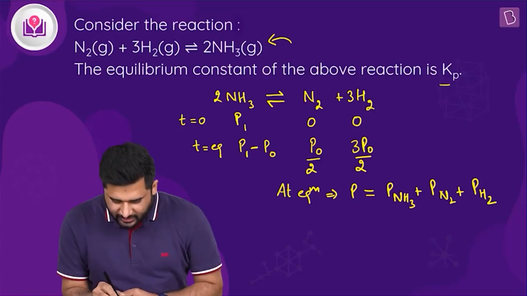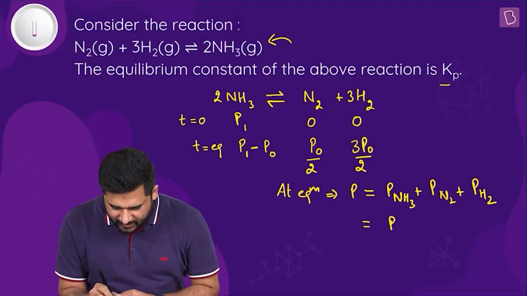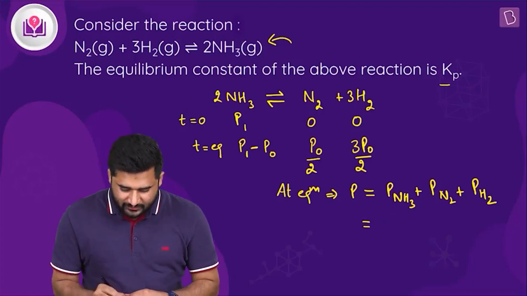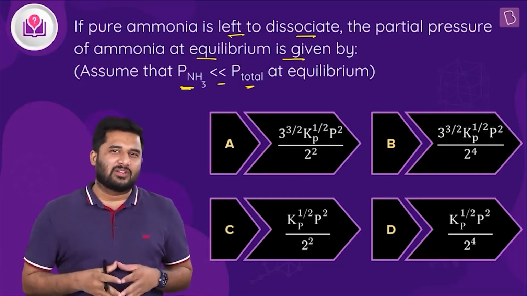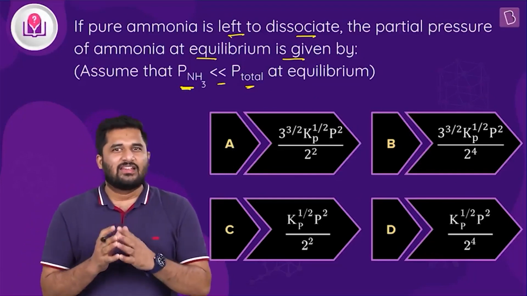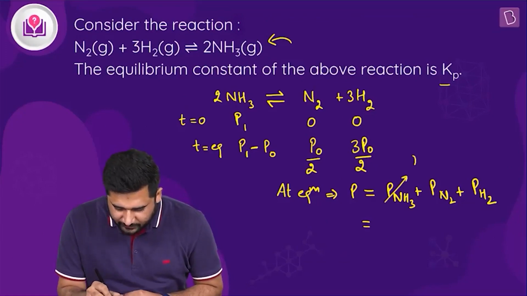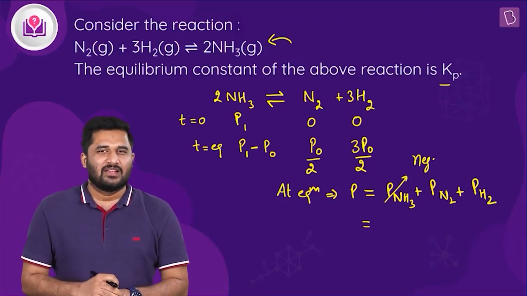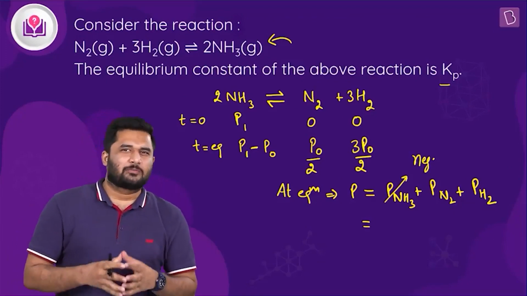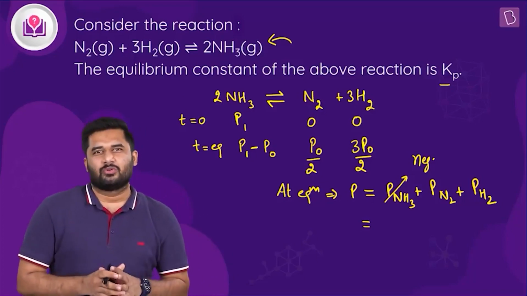Now one thing is given to us in the question, that the partial pressure of ammonia is very less with respect to the total pressure at equilibrium, which means we can neglect the partial pressure of ammonia here. Why? Because it is very less with respect to the total pressure. Clear? So we can neglect the contribution due to ammonia.